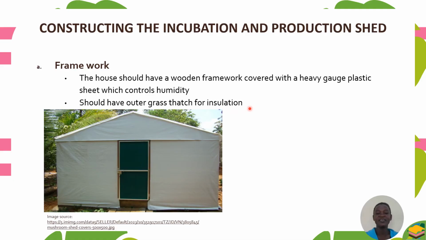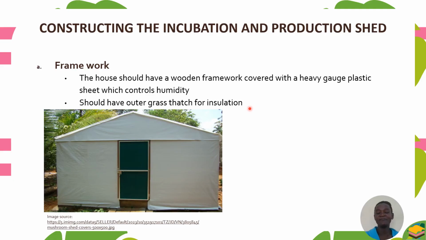Most of the time, we need to thatch our house with grass. This thatching grass is much more recommended in a mushroom house. The main reason is that the thatching grass will regulate temperature.